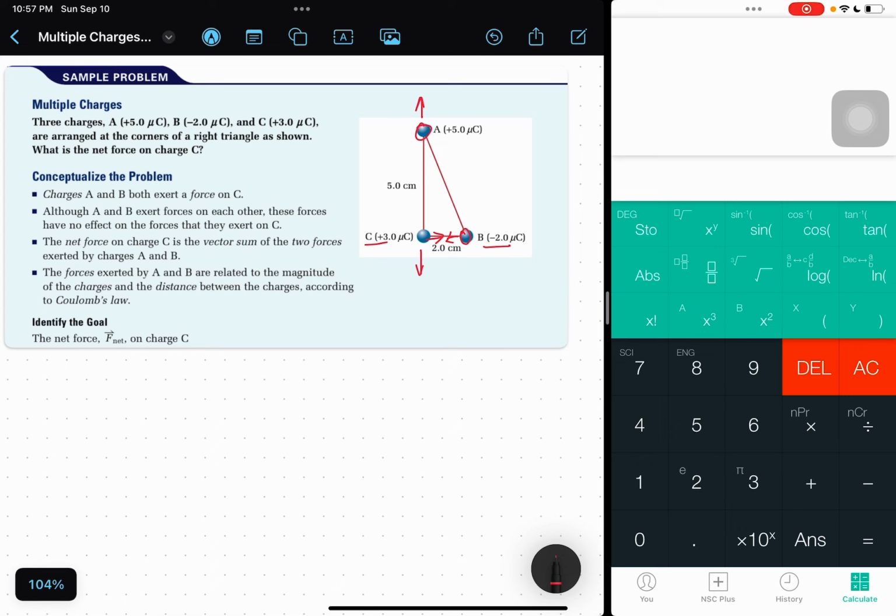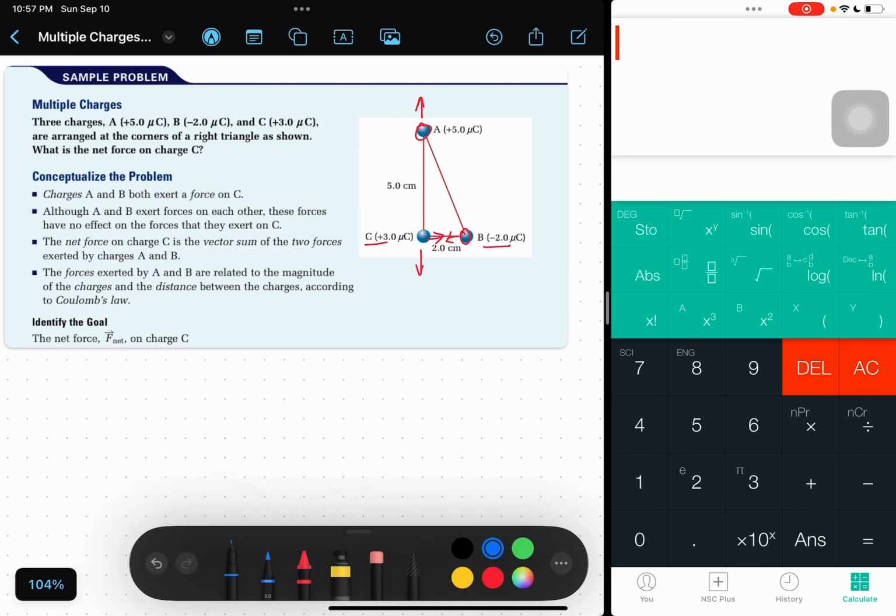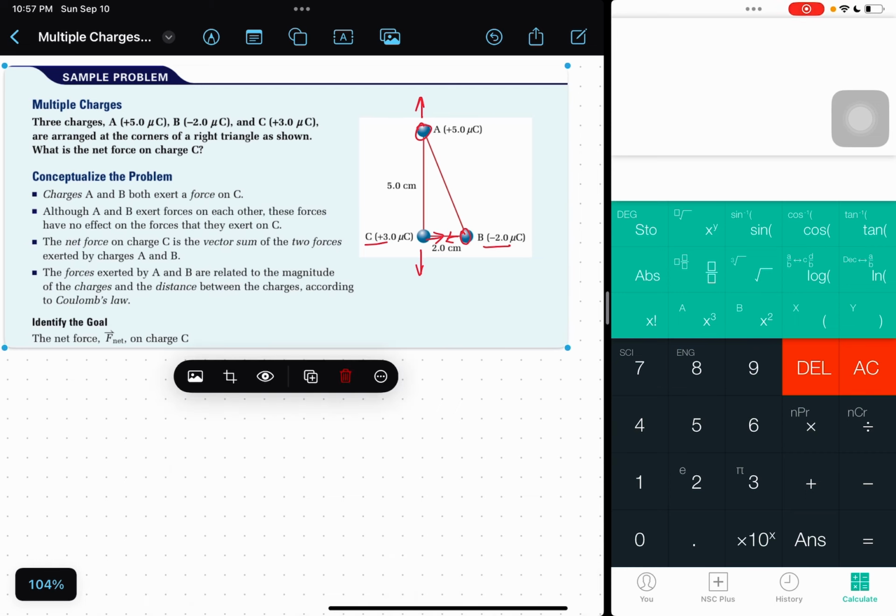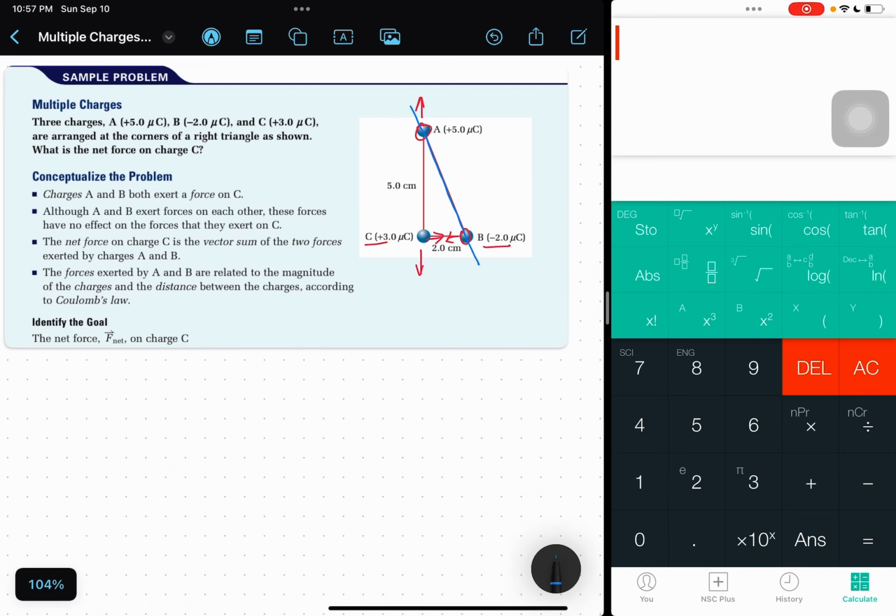So, although A and B exert forces on each other, these forces have no effect on the forces that they exert on C. As you can see naman, yung line of action ng A and C, ito, wala naman siyang effect sa C natin.